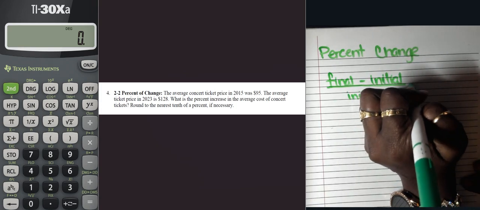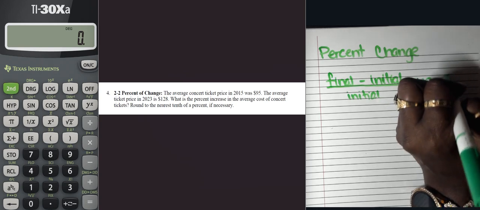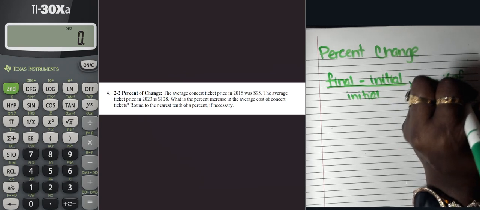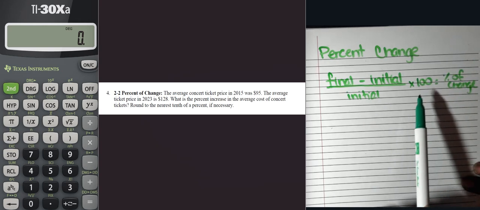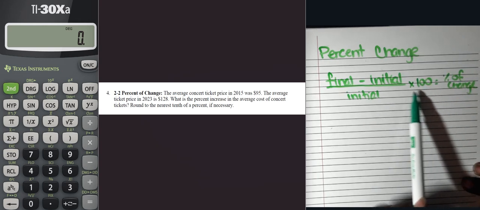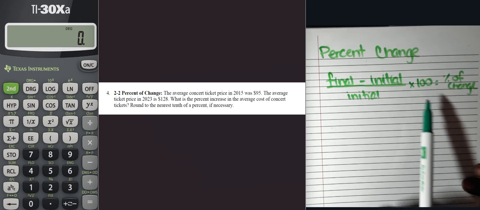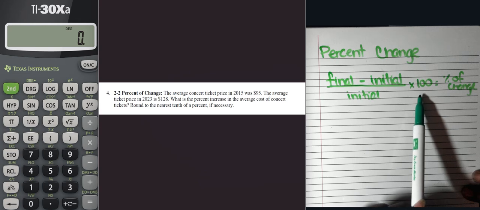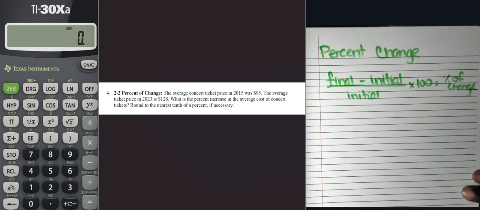And then you would multiply by 100, and that's going to give you your percent of change. Okay. And just so you're aware, in the lesson, we didn't talk about this formula being done this way, but we did do the work, remember? So at the end, we just converted it into a percent sign. That's basically what it is saying, that you need to have it with the percent sign on there.